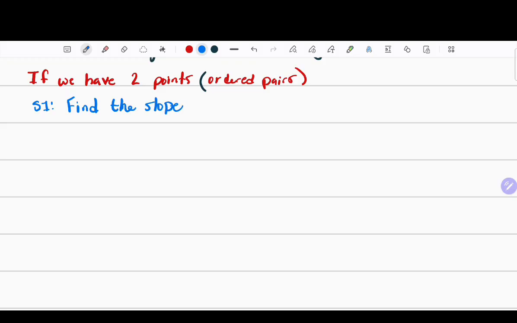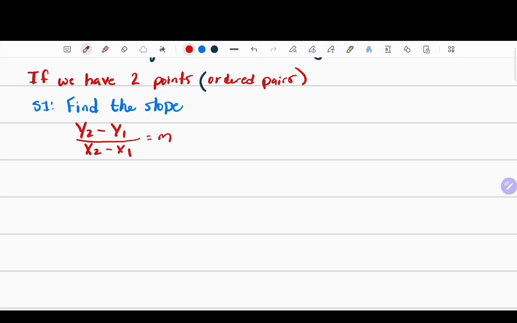How do we find the slope? Remember, we find the slope with y sub 2 minus y sub 1, because we got 2 points, over x sub 2 minus x sub 1. That's how we find our slope.